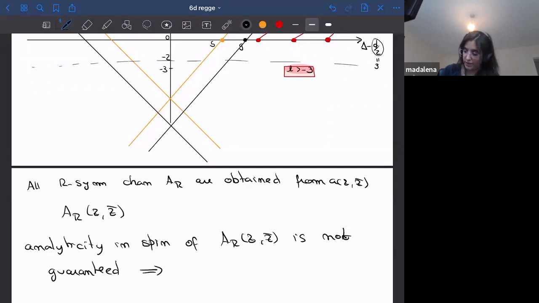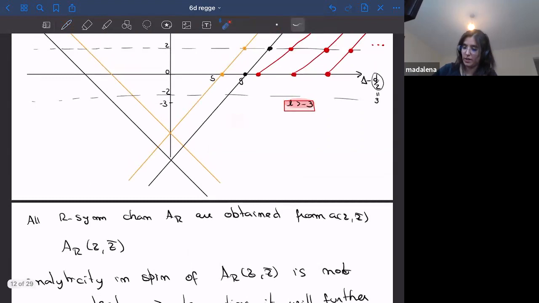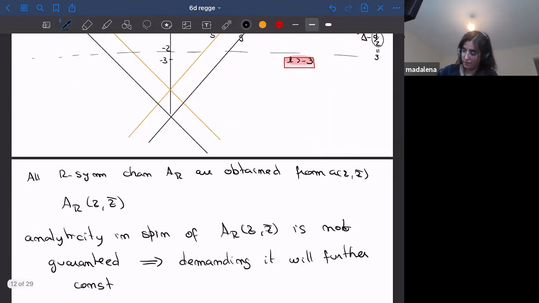And in fact, we will see that demanding it will give constraints on the spectrum. So it will further constrain the Regge trajectories I drew, and I will have to come back and complete this picture, taking into account those constraints.